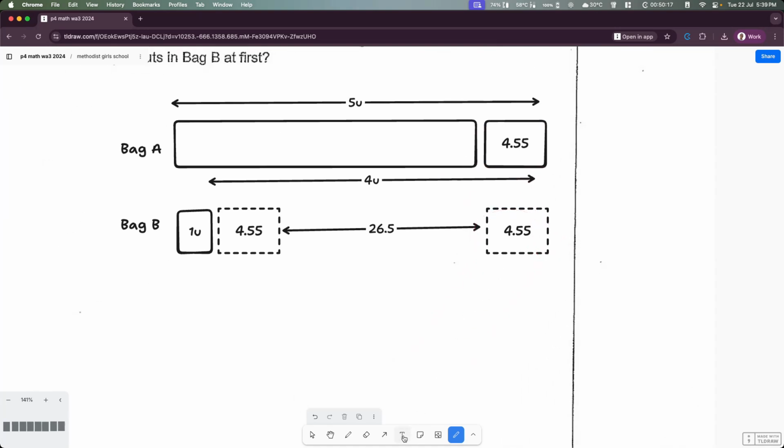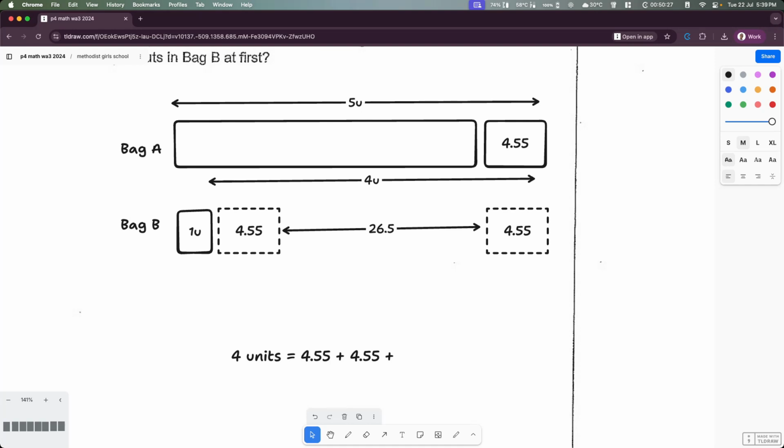So that means 4 units is equal to 4.5 plus 4.5 plus 26.5, and this is equal to 35.6 kg.